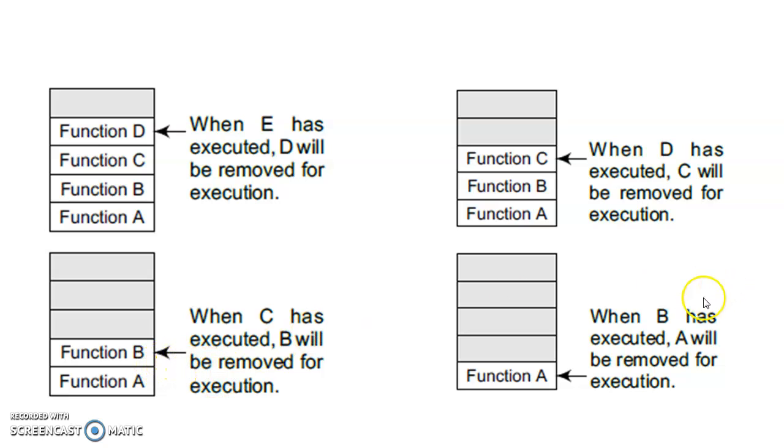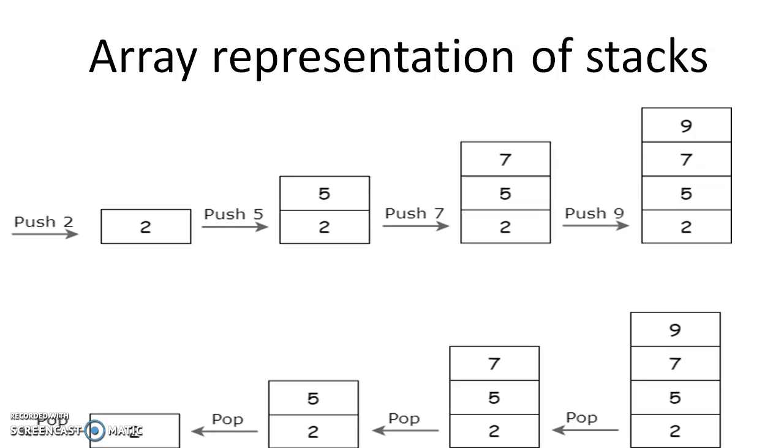And when function B has been executed, function A will be removed from the stack. Like this, the system stack is used for execution of recursive functions or a function calling another function. Like this, there are different advantages and different purposes of the stack in computer science applications.